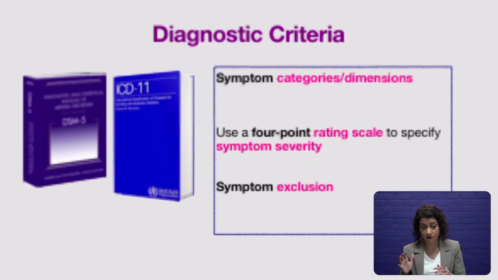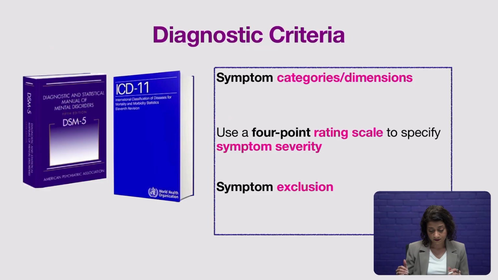What do they use? So you already know that there are two very commonly used diagnostic manuals. You have heard about the DSM-5 in our prior lessons, and you have also been told about the ICD-11, which is the International Classification of Diseases.